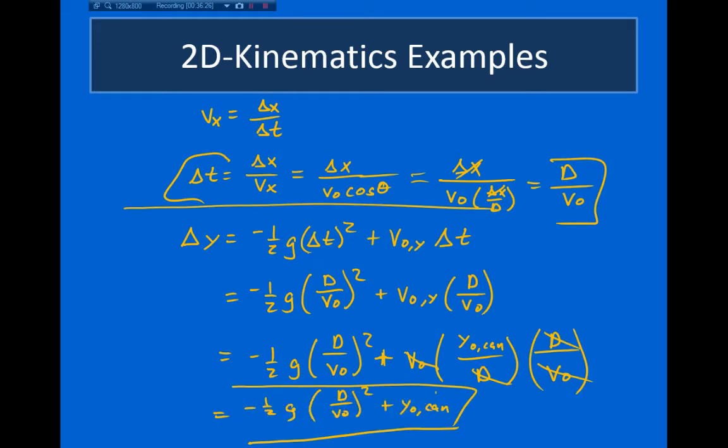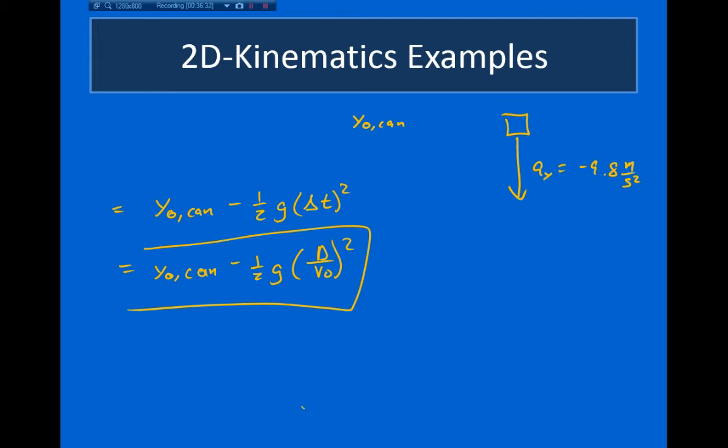This is the height of the bullet after the bullet's traveled a distance delta x. These two things are the same, okay? So the height of the bullet is equal to the height of the can. So the bullet will always hit the can when the can is released at the same moment that the bullet is fired.